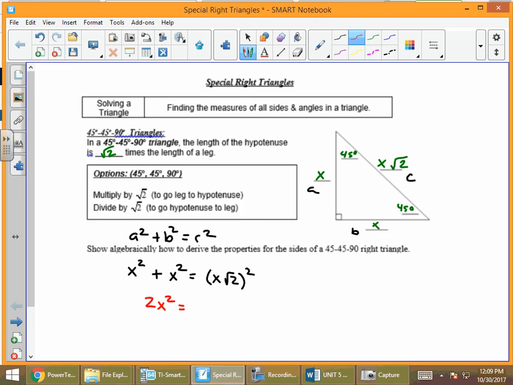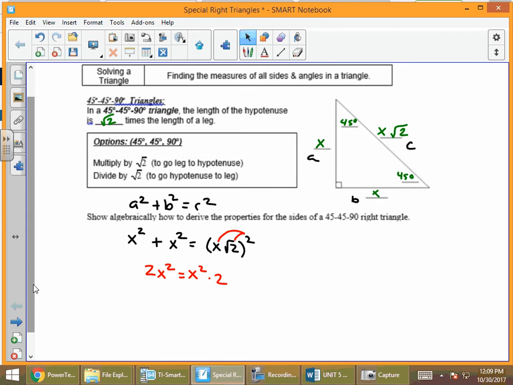2x squared is equal to, when we square here, when we're multiplying inside our parentheses, this is where we can distribute that exponent. So when we raise x to the second power, we just get what? x squared. And what did we say? When we square a square root, what happens to that radical? It goes away, so we're just left with 2. Well, what's x squared times 2? So did we get 2x squared equals 2x squared?